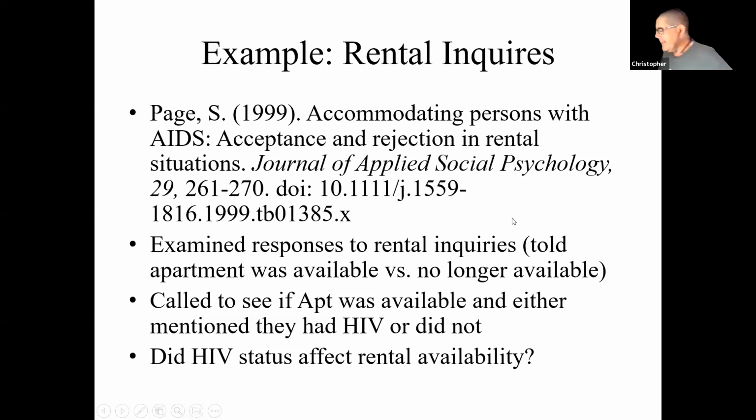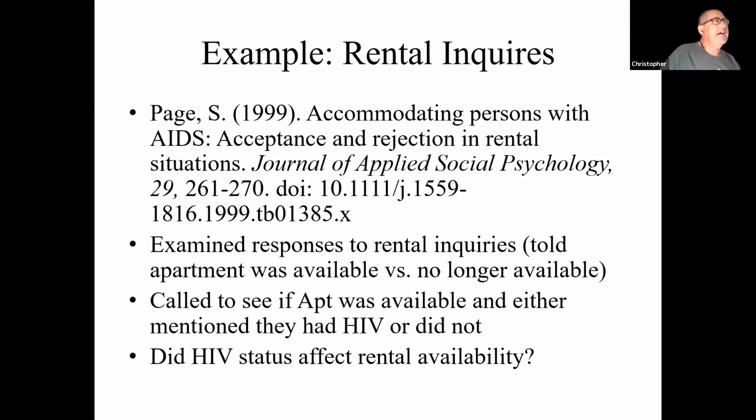All right, let's take a look at another example. This is an example from a research article that looked at how HIV status could potentially influence responses to rental inquiries, willingness to rent a house or an apartment to somebody. So the authors here examined responses to rental inquiries. This was back when people would have to advertise things like this in the newspaper.